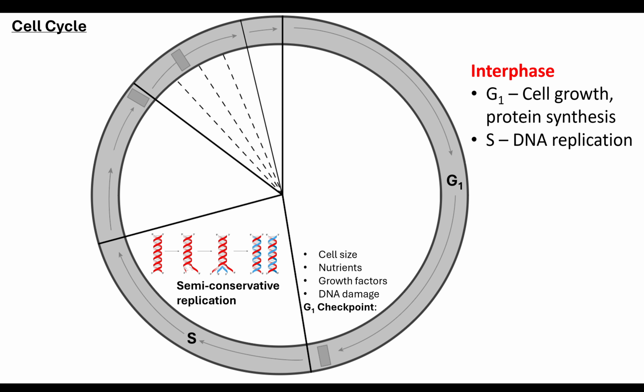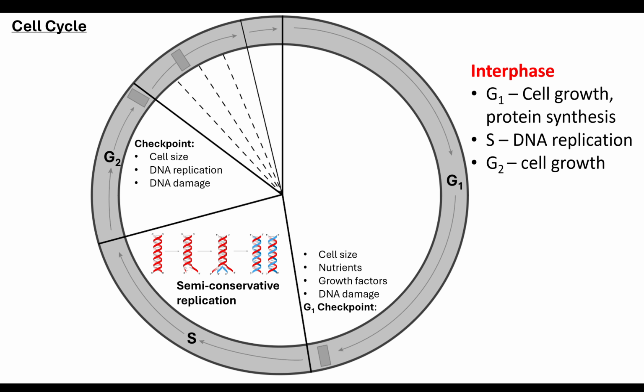So if the DNA gets replicated and that process has occurred, what then happens is the cell will move through into the G2 stage. Now the G2 stage is again another bit where the cell will grow. And again, we have another checkpoint here just before the next stage. So we need to check whether the cell has reached the right size. Has the DNA replication occurred without any errors?